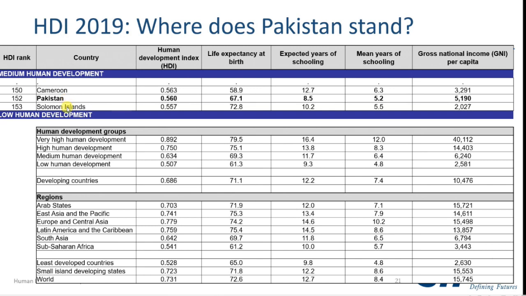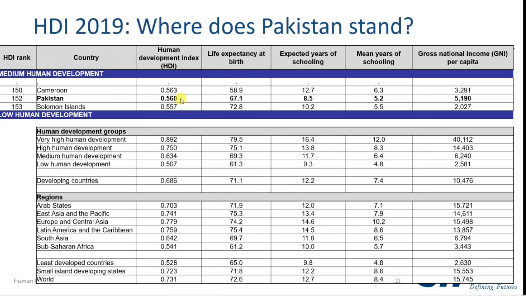Only Solomon Islands is below Pakistan. Okay, so right after this point, if Pakistan goes below 2 ranks, it will be in low human development, and that's not a very good sign. That's not something to be taken lightly. Okay.